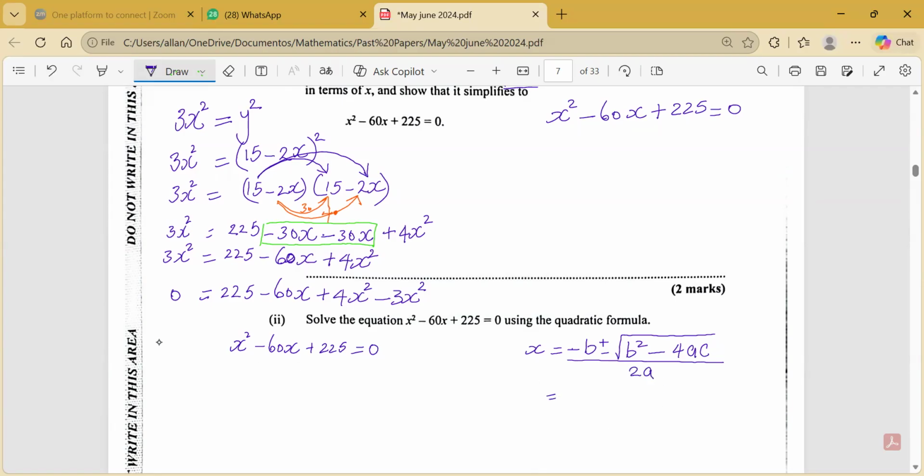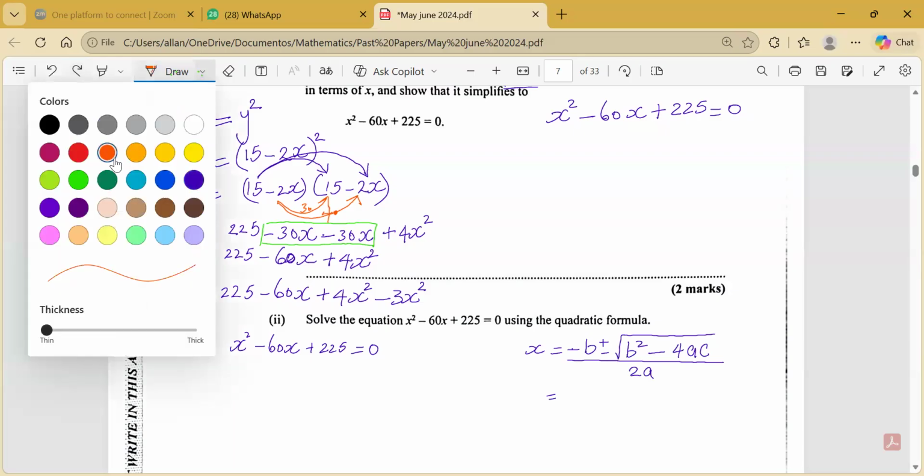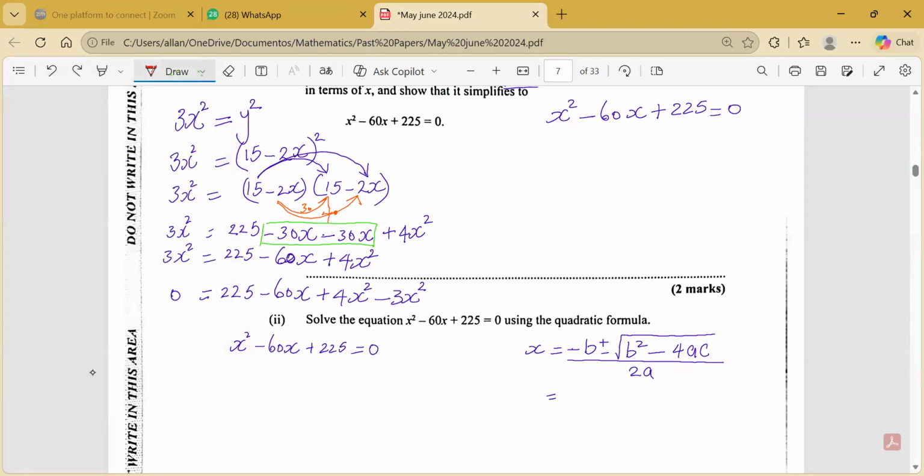So what is A in this thing? A is not x squared. A is 1.